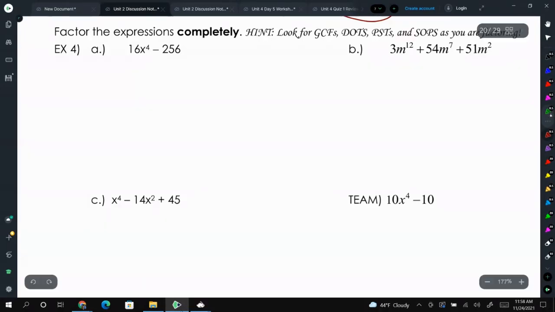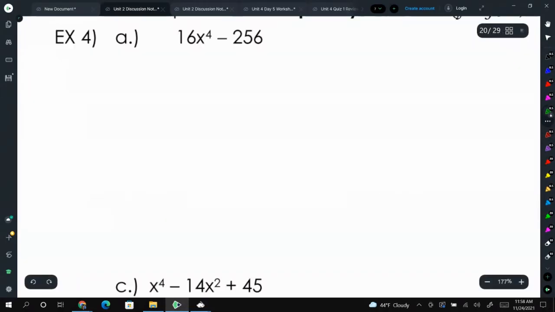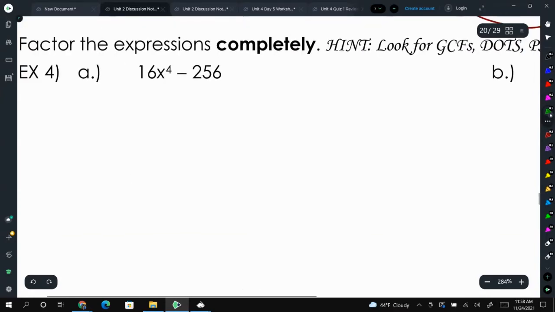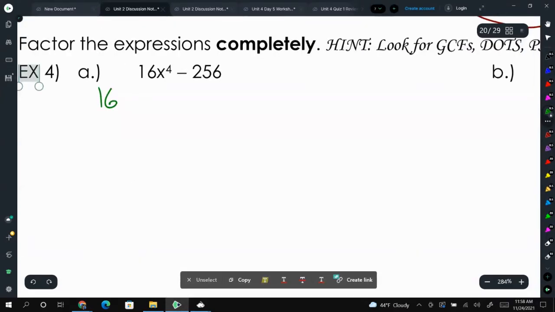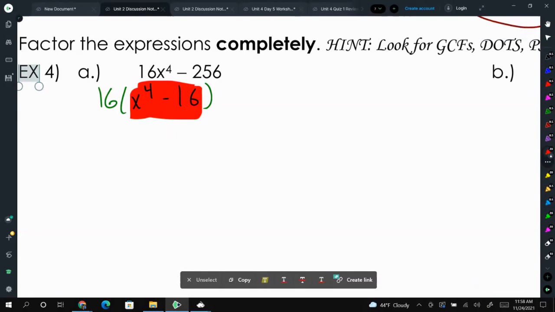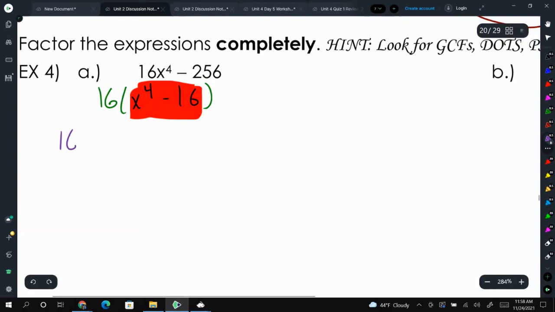So like always, we want to look for a GCF. The GCF of example A here is 16. So I'm going to factor out a 16, and then I'm left with x to the fourth minus 16. This is actually a type of difference of squares, because the square root of x to the fourth is x squared. So we can write this as x squared plus 4 times x squared minus 4.